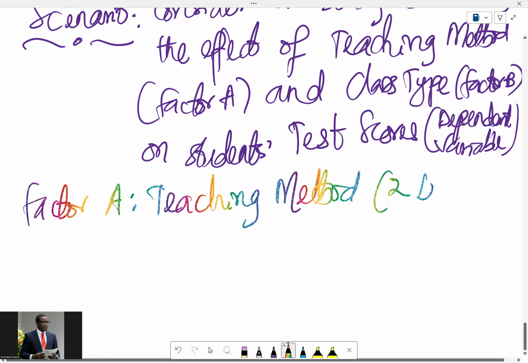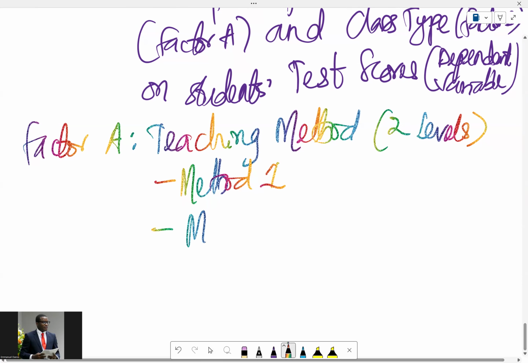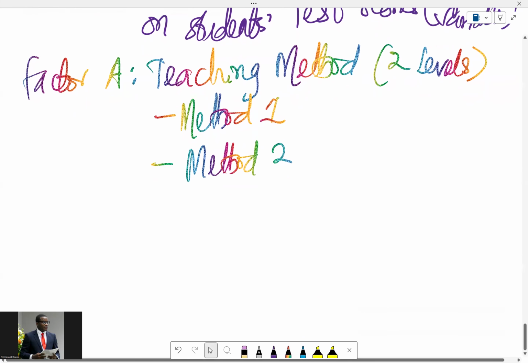The first level is teaching method one. You can even give it a specific name if you like. The other one is method two. So those are the two levels for factor A. It can actually have more than two levels, but let's leave it at two for now.